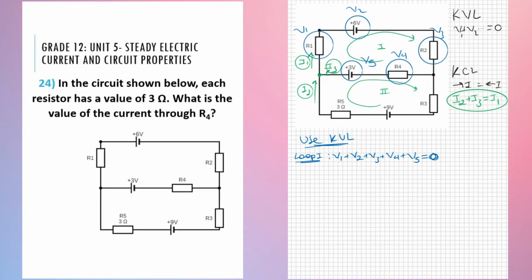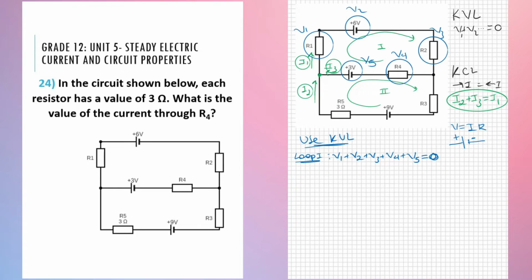One thing that we have to consider is that when calculating the voltage drop across a resistance, voltage is equal to current times resistance. This is a very basic Ohm's law formula. Another thing to consider is that when you're considering the voltage drop across a cell like so, this end is the positive terminal and this end is the negative terminal. So you have to consider the direction of the current in order to write down the voltage.